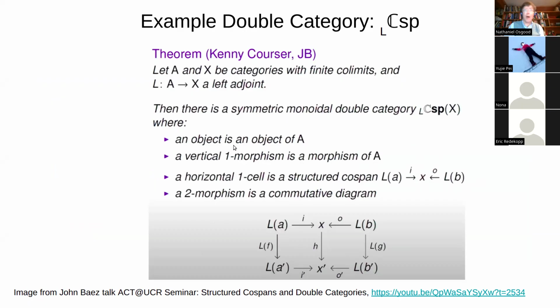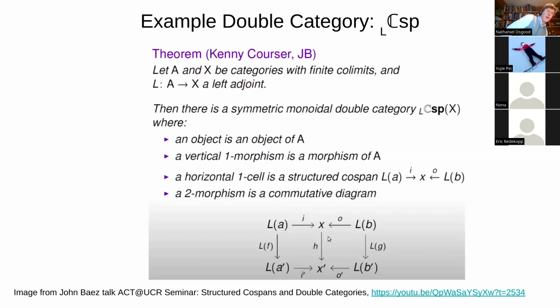The objects in this double category are from A, but there exists a pro-arrow between them if you have this sort of form. And a 2-morphism is a commuting diagram of this sort.